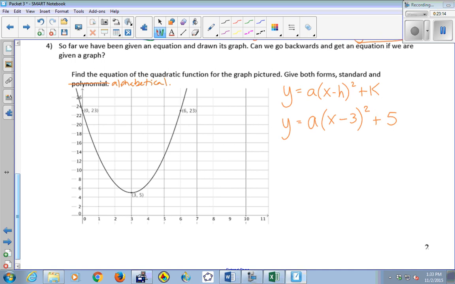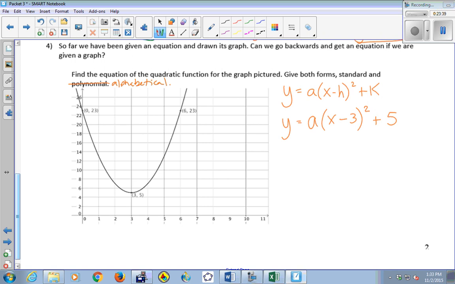What can I use to figure out that a value? Yeah, a point, the coordinates of a point. It's just like when you're doing an equation of a line. Once you know the slope and you go, okay, y equals 3x plus b, how do I figure out b? Use a point, right?